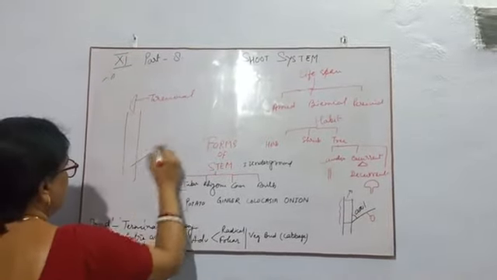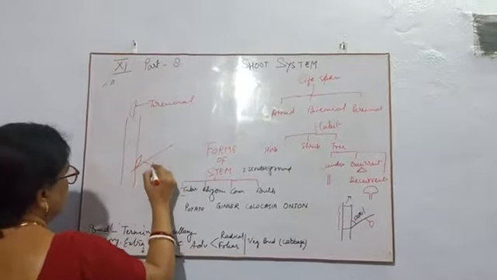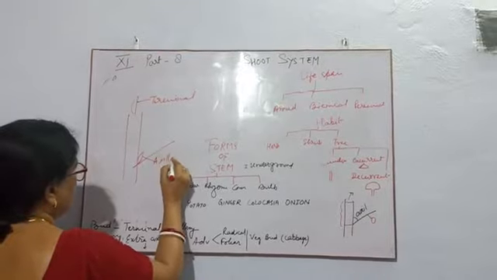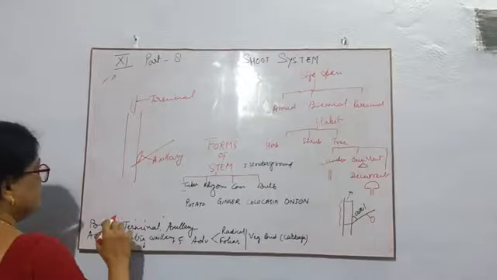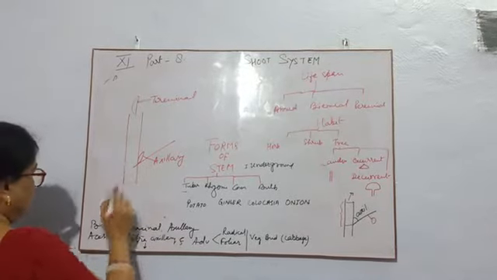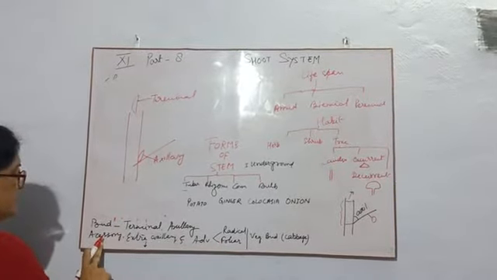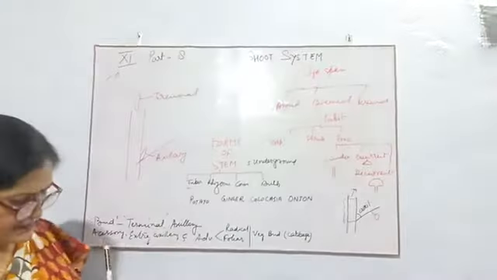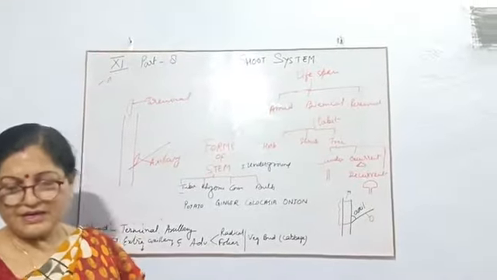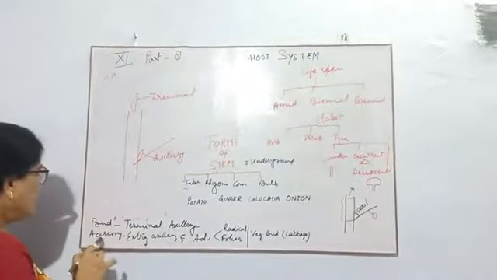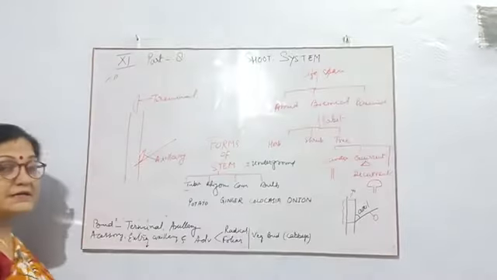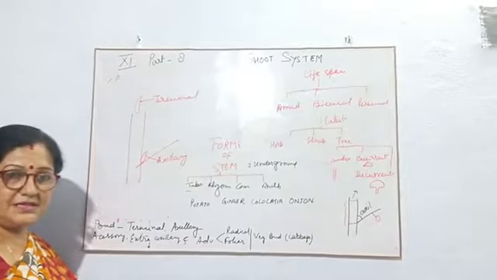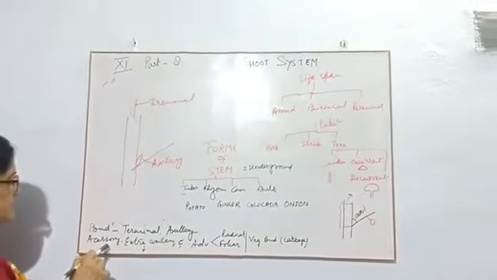If it is present at the axil, then it is known as axillary bud. And accessory bud, that means accessory means helping. Accessory buds help the axillary bud. So this is accessory bud.